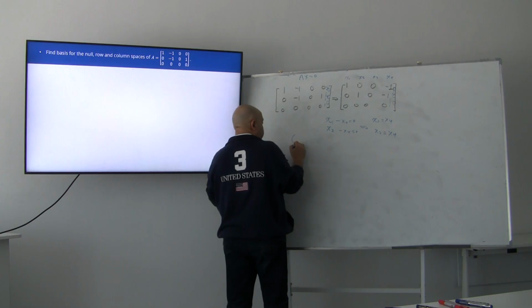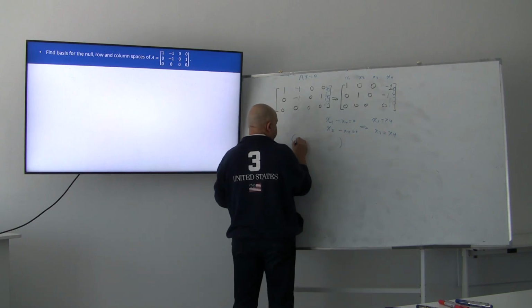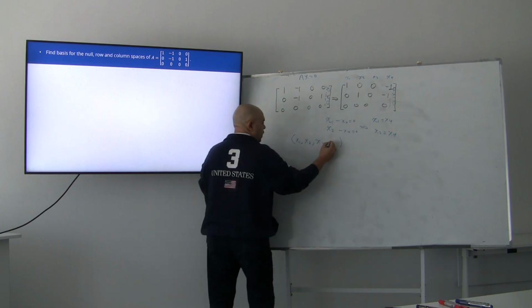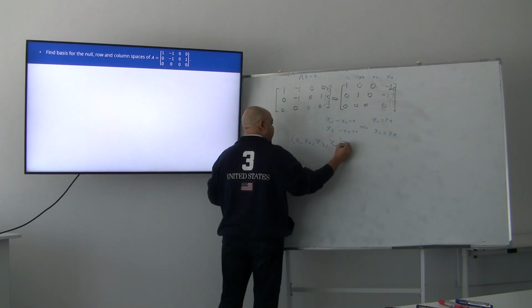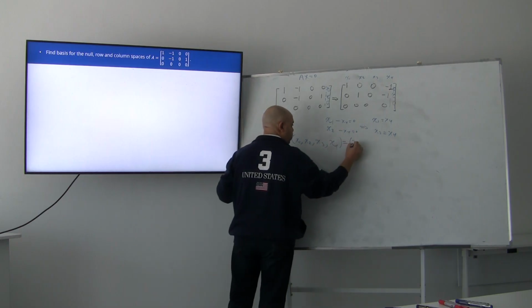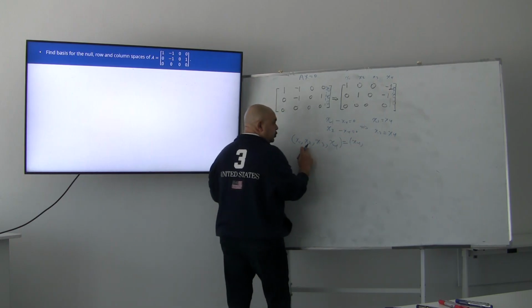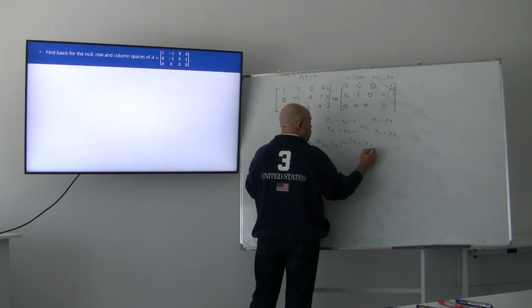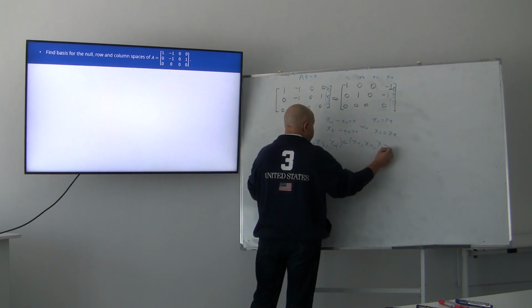So the vector now is like this: x1, x2, x3, and x4. Now I will start substituting, replacing x1 by x4, x2 by x4, x3 will remain the same, and then I will have x4.